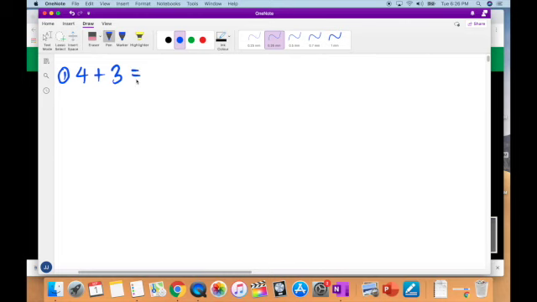What is that? 4 plus 3 is 7. My question is, how do you know that? All right, but how do you know that? How can you prove to me 4 plus 3 is actually 7? Prove it.